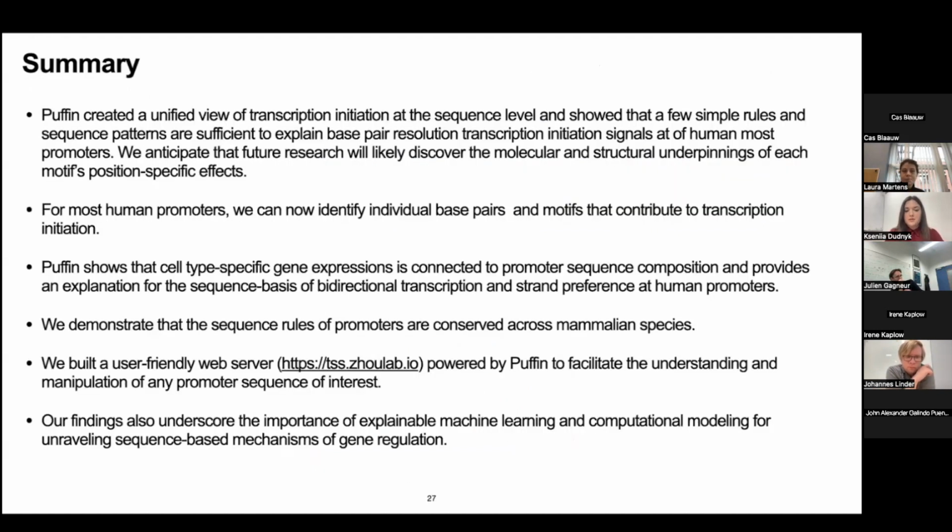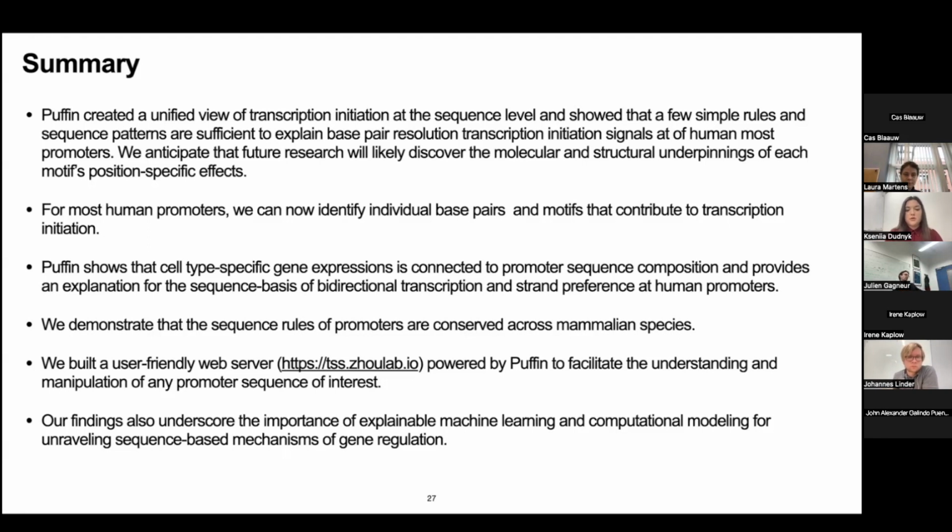So this is the end of my presentation. We used Puffin to create a unified view of transcription initiation. We can explain the promoter activity with Puffin in most human promoters. We can now identify how exactly every base pair contributes to the promoter activity, and we found the link between the motif composition of the promoter and gene expression selectivity.